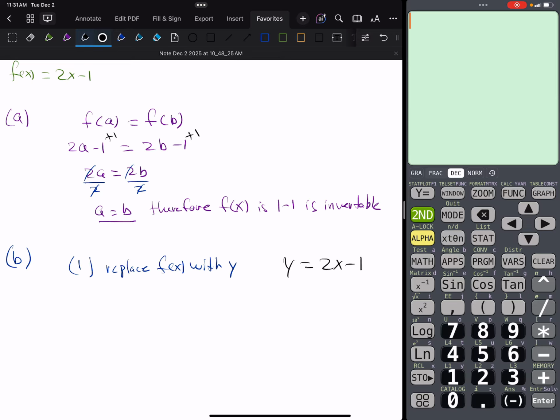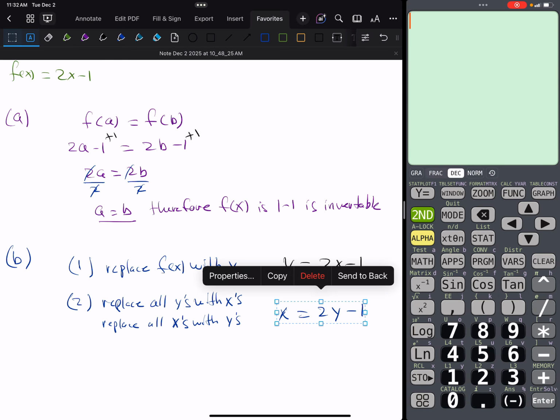Your next step, step 2, is replace all y's with x's and replace all x's with y's. And so that's going to become x equals 2y minus 1.